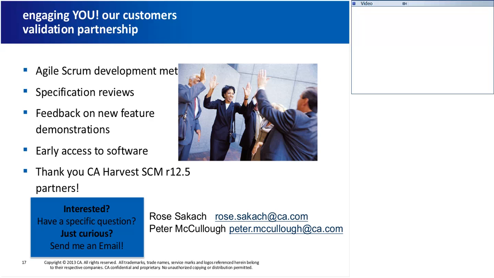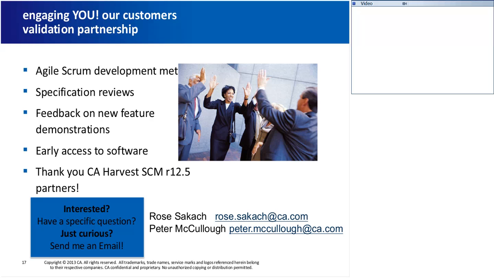And finally, before I turn it over to Kevin to go into details on the R12.5 feature set, I wanted to remind everyone that we are continuing to develop Harvest in an Agile Scrum development methodology. What that means is that we are continually looking to engage all of our customers, all of you, to participate in the validation process along the way.